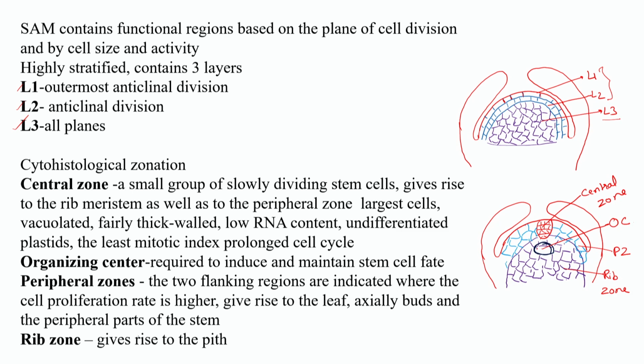Now, a small organizing center is also there, present just beneath the central zone. Actually, organizing center is required to induce and maintain the stem cell fate. Some sort of signals and some sort of chemicals will be secreted from organizing center, and they will regulate the fate of these stem cells, that which particular stem cell will lead to which particular organ.